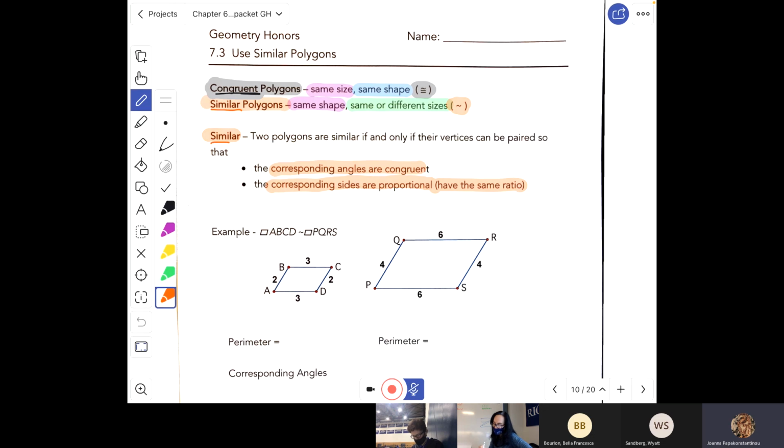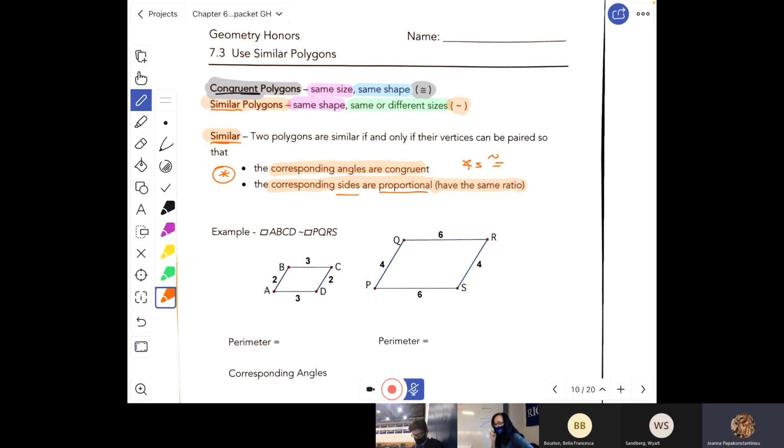So you are allowed to say that two polygons are similar if these facts are true. The corresponding angles are congruent, and the corresponding sides are proportional. There is a ratio, a scale factor relating the two.